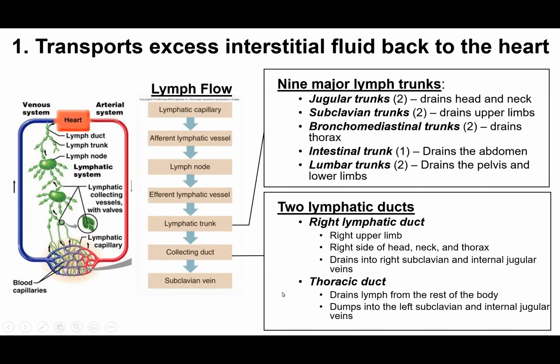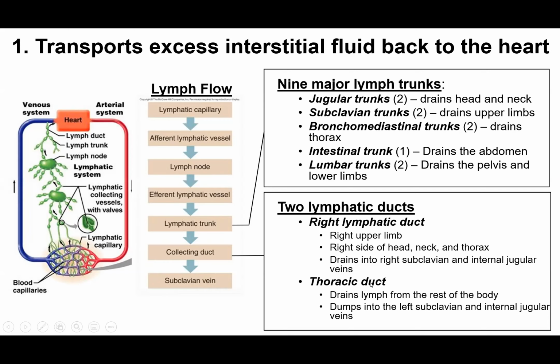The thoracic duct actually drains lymph from the rest of the body. So anywhere that is outside of the right upper limb or right side of head, neck, and thorax is drained by the thoracic duct. So it's basically everywhere else.